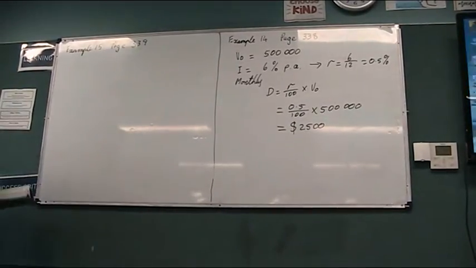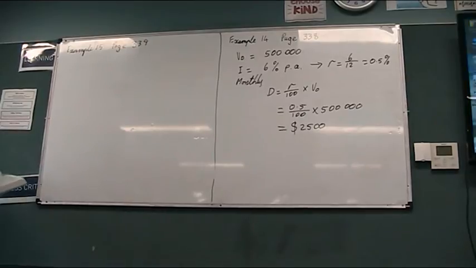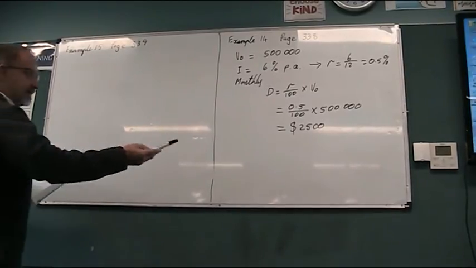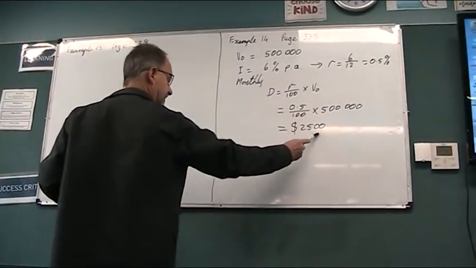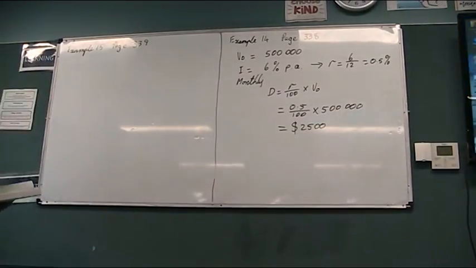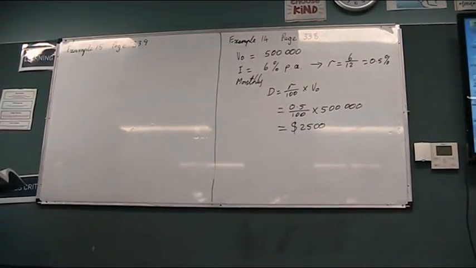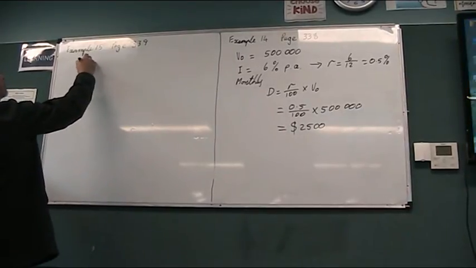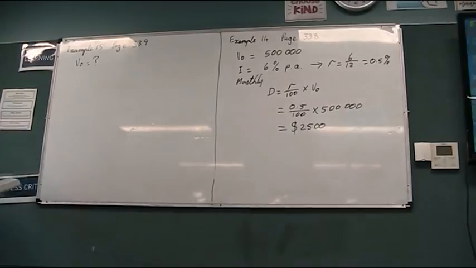In this next example, what we're going to look at is how much money we're going to need to put in to get a certain payment. So example 15 says how much money would need to be invested. So that's our V0. How much would we need to invest?